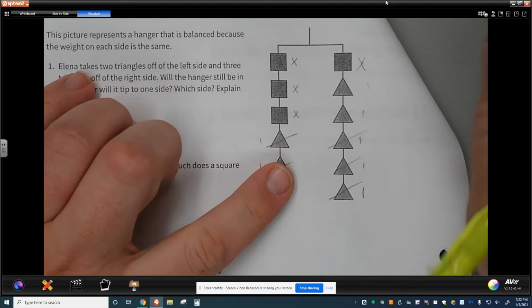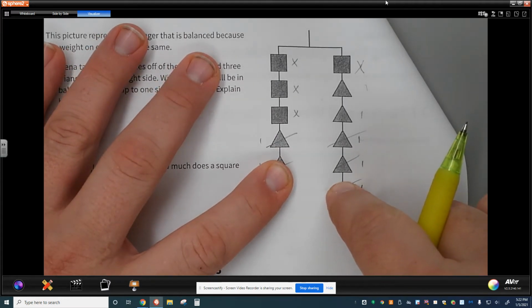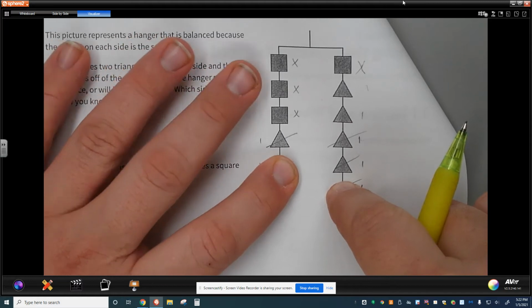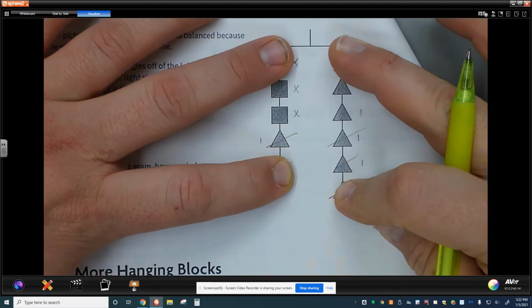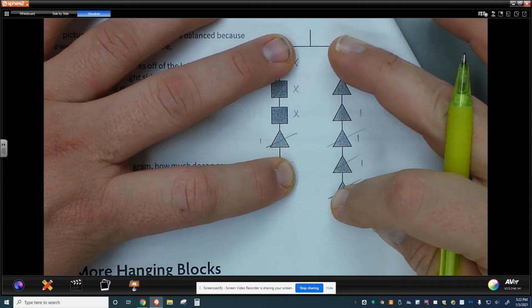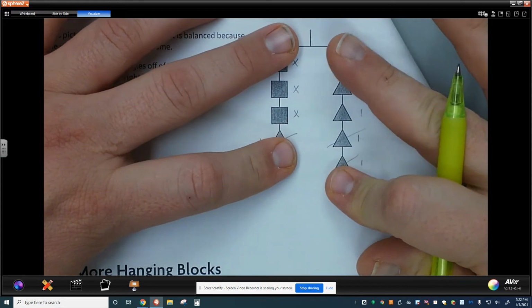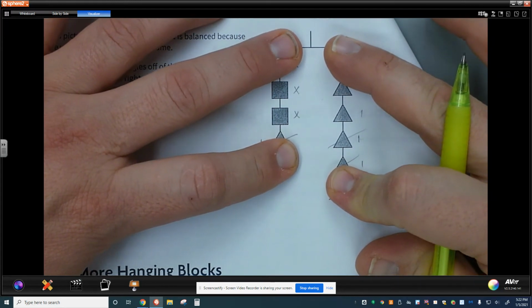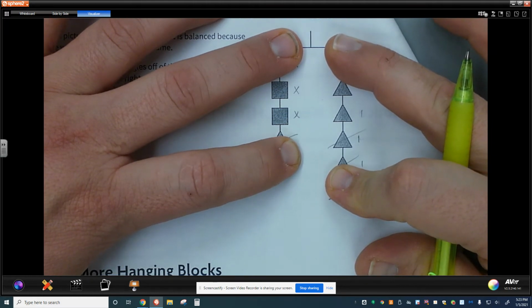What if I only took away 1 triangle here and 1 triangle here? That's still balanced. And then what I have left is 3 squares and a square here. Well, what if I take off a square from each side as well? And then I look at this, how can I keep this balanced? If I take off 2 triangles here, what I'm left with now is 2 squares is equal to 3 triangles.